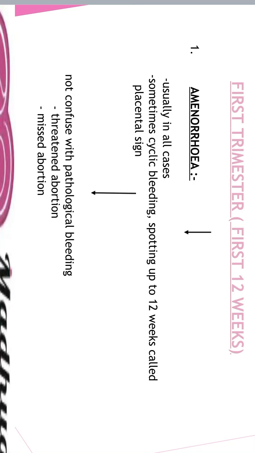Usually in all cases, sometimes cyclical bleeding or spotting up to 12 weeks can be there. It is called the placental sign. Amenorrhea should be there, but sometimes at the exact date the patient feels mild spotting, up to 12 weeks, because the placenta is developing.